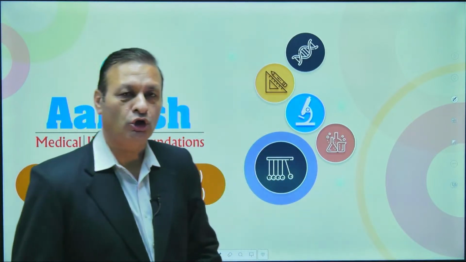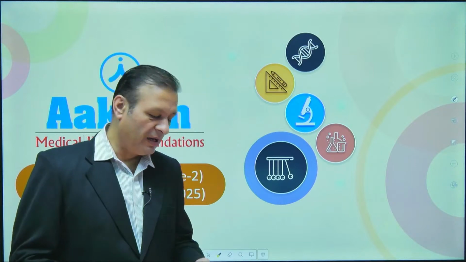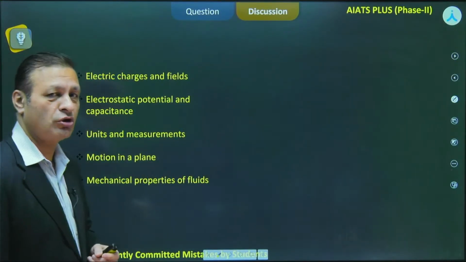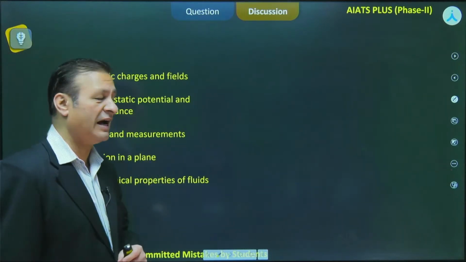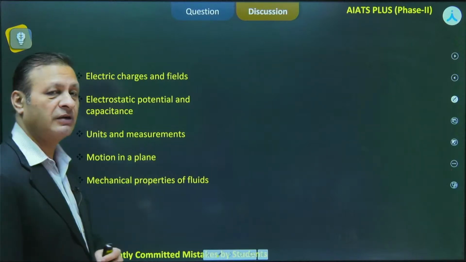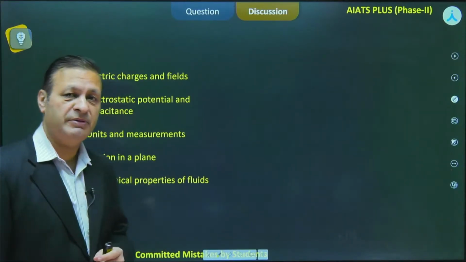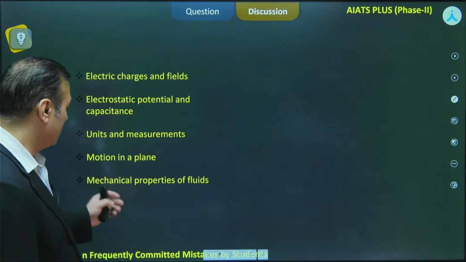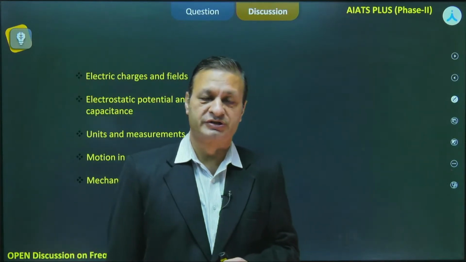So what all topics will we be covering in this NEET Physics Marathon part? Let's review the topics. These topics primarily revolve around electric charges and fields, electrostatic potential and capacitance, then units and measurement, motion in a plane, and finally mechanical properties of fluids.